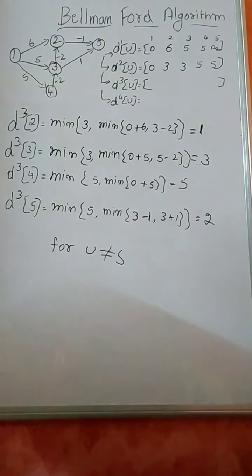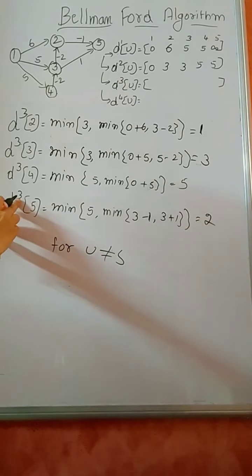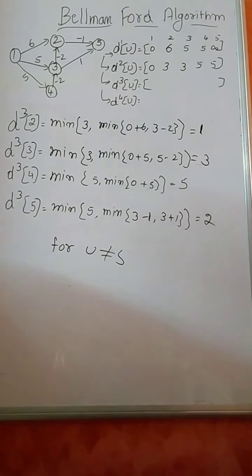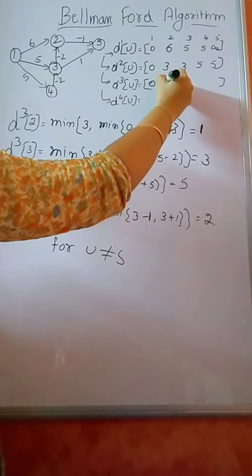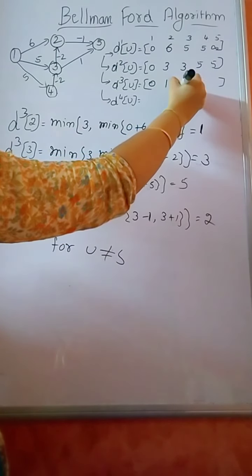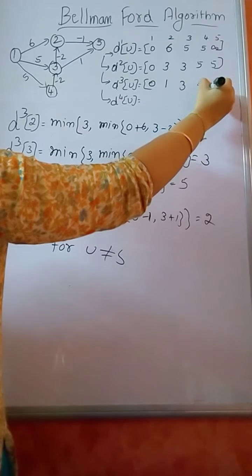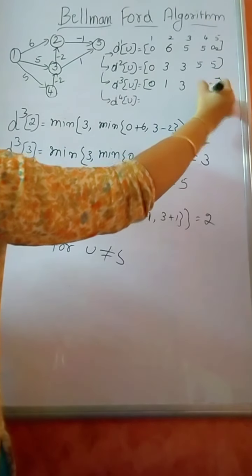Okay. Minimum among all of them is 2. So this is the distance you have got in the next iteration, that is when k is equal to 3. So now you can write: it is 0, 1, 3, 5, 2. So this is the distance vector.